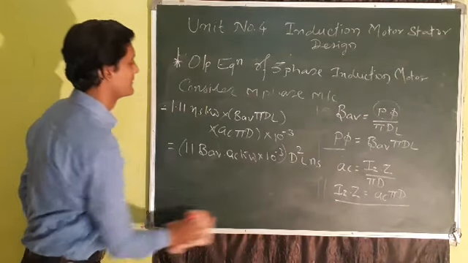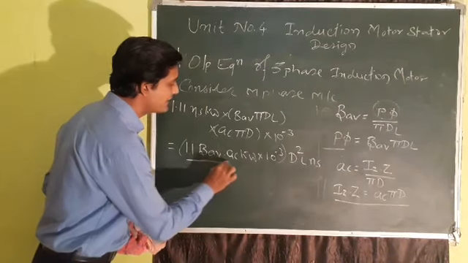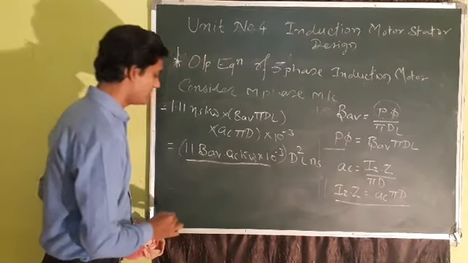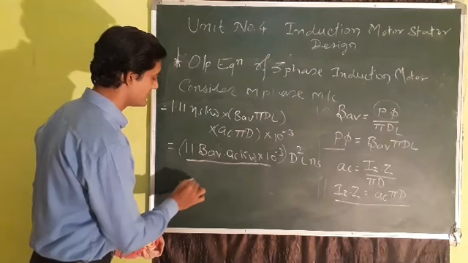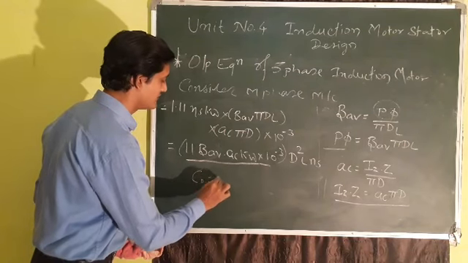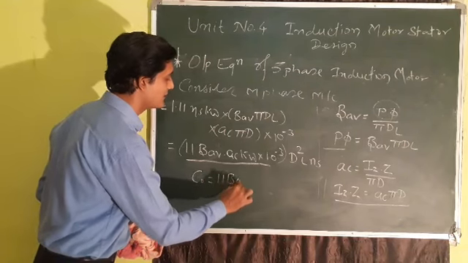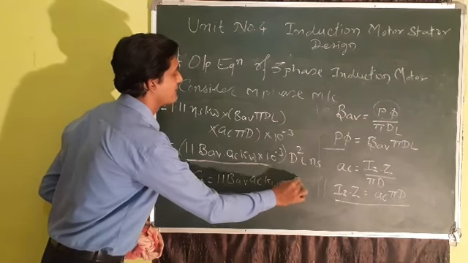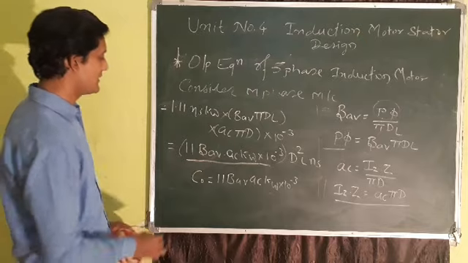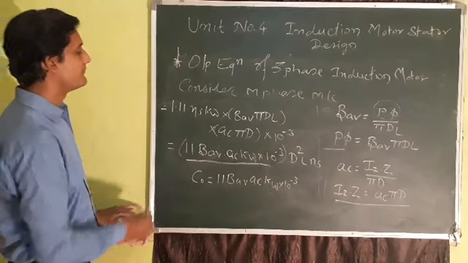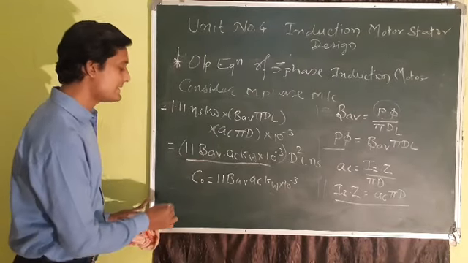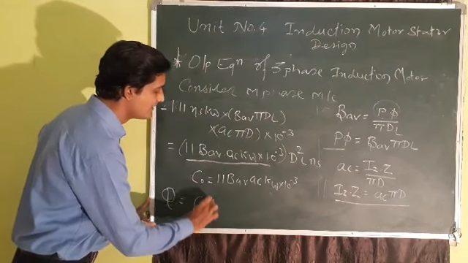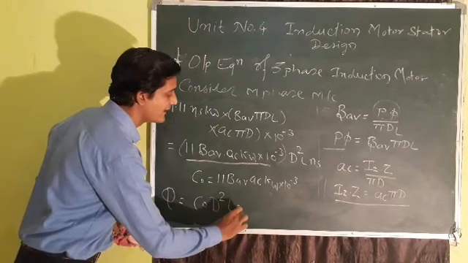This term 11 Bav ac Kw into 10 raised to power minus 3 is called the output coefficient C0. So C0 is equal to 11 Bav ac Kw into 10 raised to power minus 3. Substituting C0, Q is equal to C0 d square L into Ns.